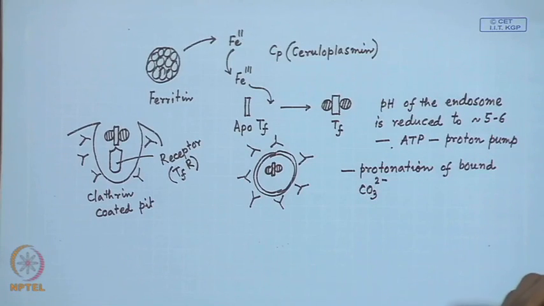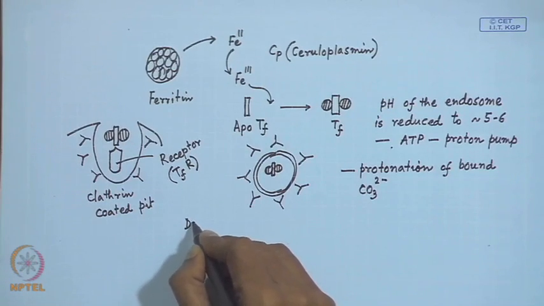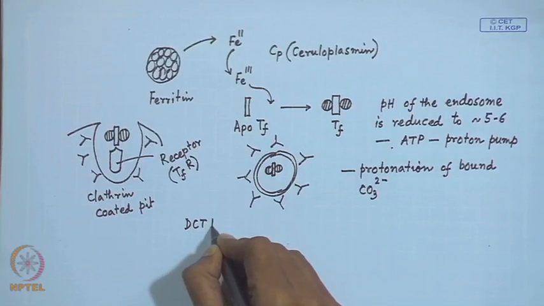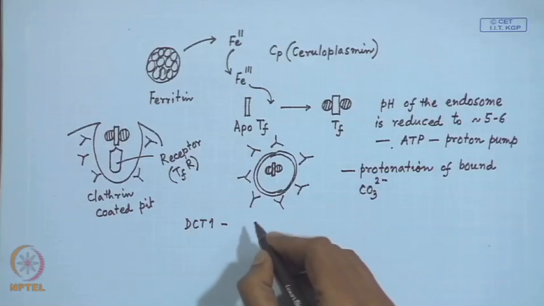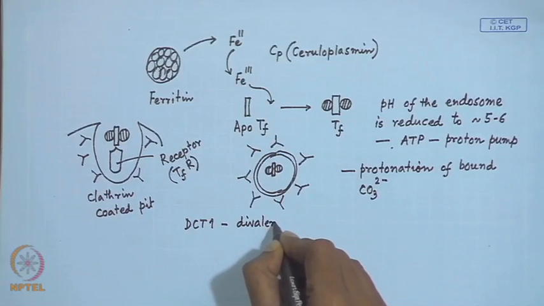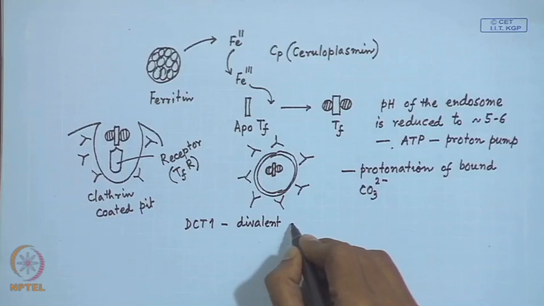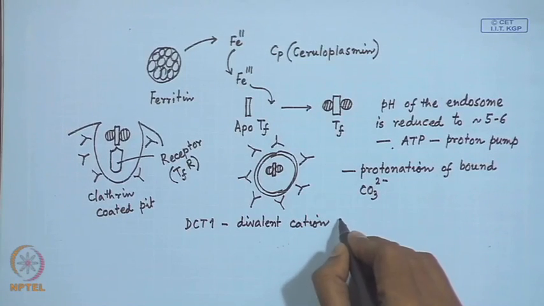So, one transporter protein is now coming into the picture. Just know the name, do not worry about this name. The name is also very simple, which is divalent cation transporter protein.